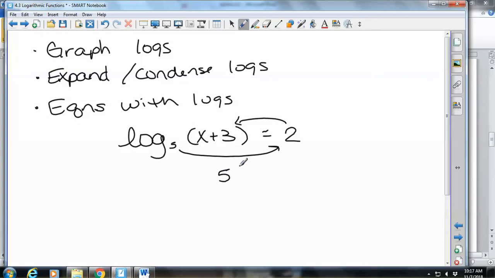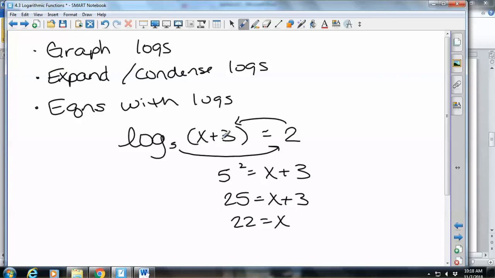Change to exponential. So 5 squared equals x plus 3. 5 squared is 25. Subtract your 3, so you get x to be 22. Remember, in a log, both the base and the argument have to be positive. Okay, so that's like the stuff you did for today.